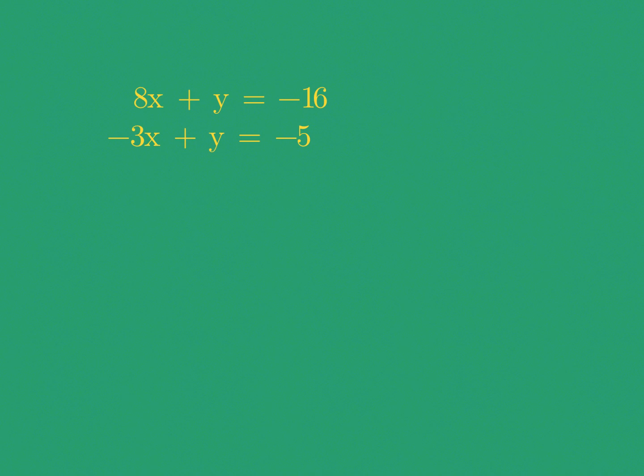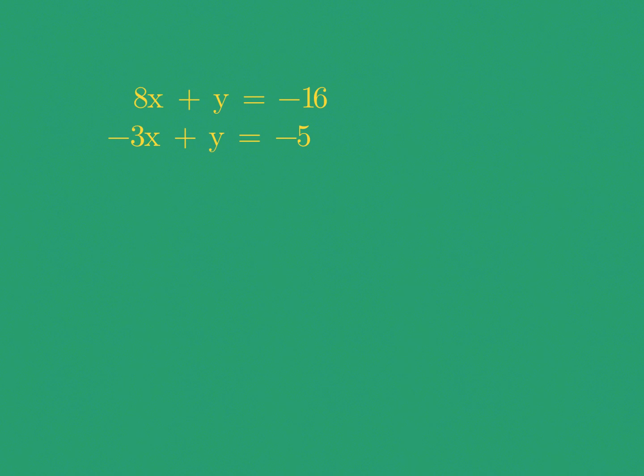Take a look at your x's right here. Does 8x minus 3x equal 0? Does it? Makes 5x, right? Take a look at your y's. Does 1y plus 1y equal 0? Yes or no? Yes. What's 1 plus 1? 2. Okay? So right now, neither one of those variable terms, neither the x's or the y's, cancel themselves out.